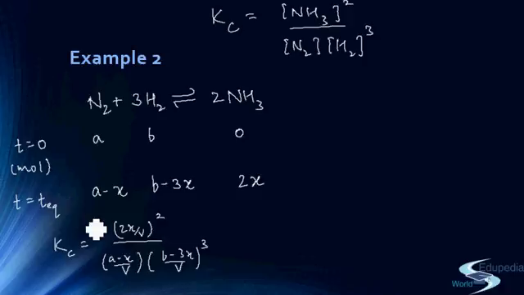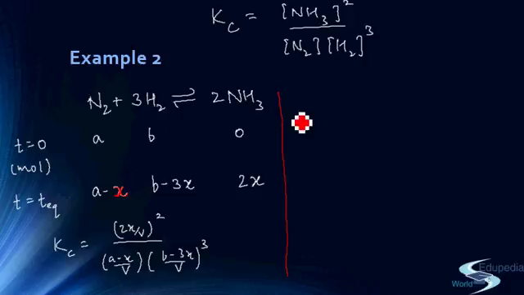Let's say the same question is given to you, everything is same, even the balancing is same, but the student solving the question is different. Let's say another student comes in and says that instead of writing the expression in terms of X, where X is the moles of nitrogen consumed at equilibrium, I want to write the same expression in terms of moles of hydrogen consumed.